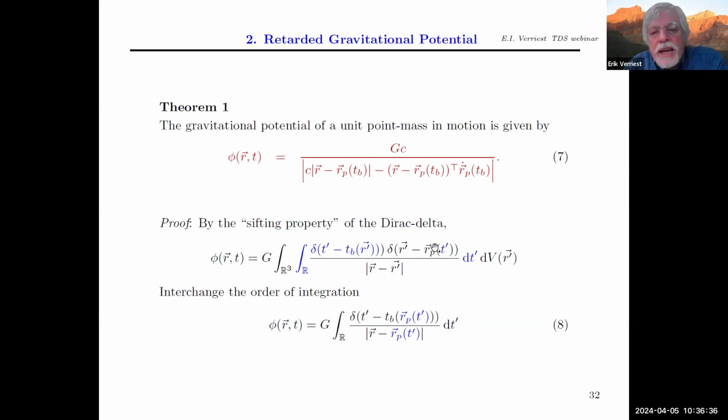Okay, so now I take here any time t prime, but then multiply by the Dirac function of time t prime, the one that peaks at t prime equal to t B. So that's how I introduce now the time integral. I make that a four-dimensional integral. Now change the order of integration, first integrating out the spatial part, and that gives us the potential simply as this time integral, where now we have r p at time t prime. That's the trajectory at time t prime.